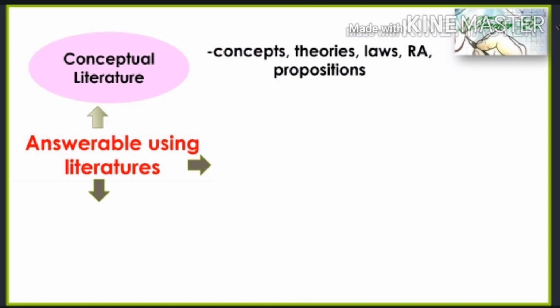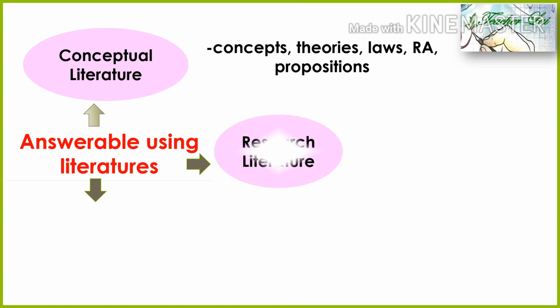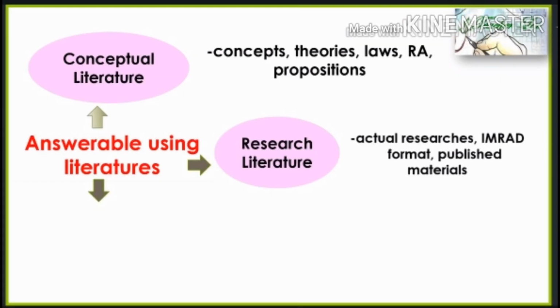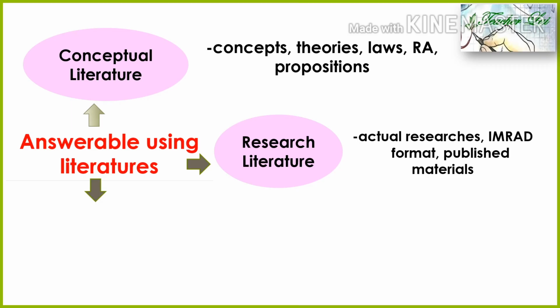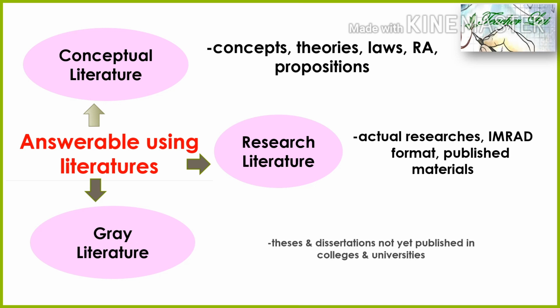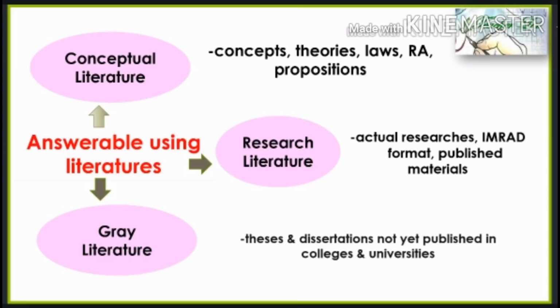Second, we have research literature, like actual researches in published articles or materials in reputable journals. Third is the gray literature, like theses and dissertations, not yet published, found in libraries of colleges and universities.